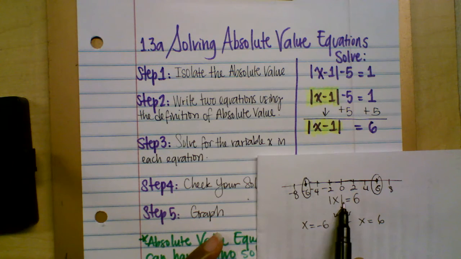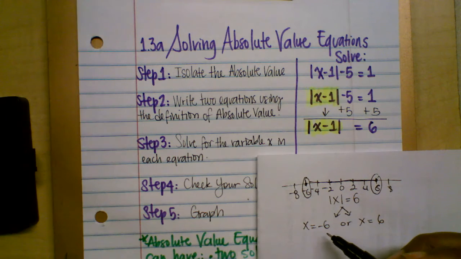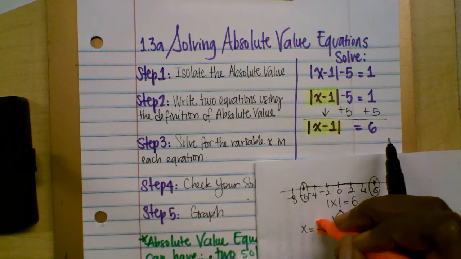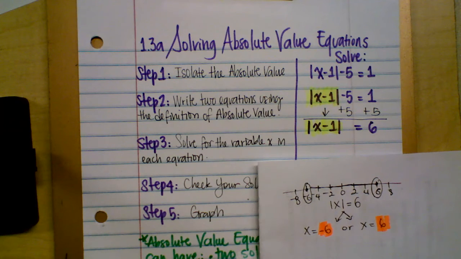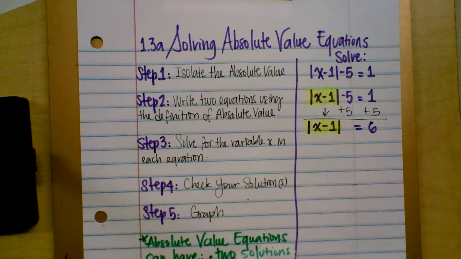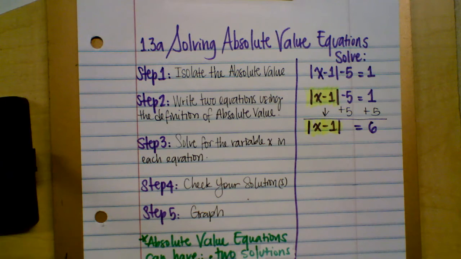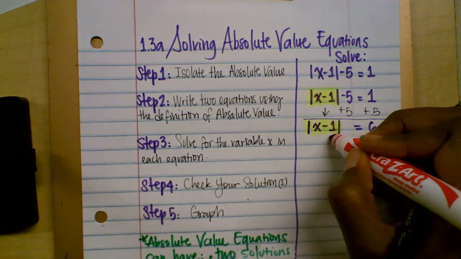To drop the absolute value, you need to write two equations after you isolate the absolute value. One of the equations you end up with negative 6, and the other you end up with positive 6. Make sure of this. So let's write our two equations. I'm going to draw two arrows.